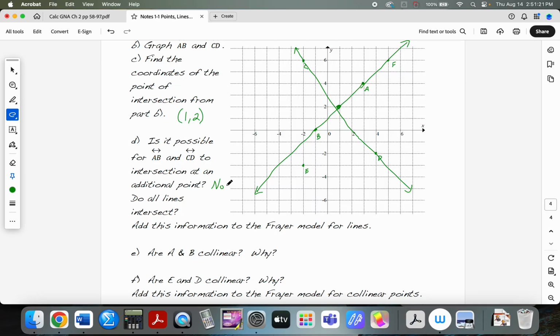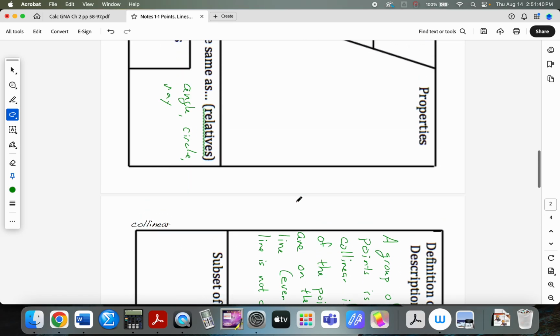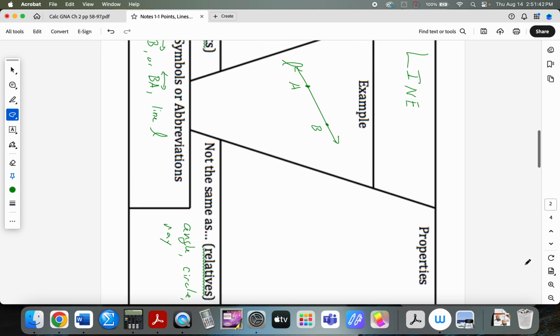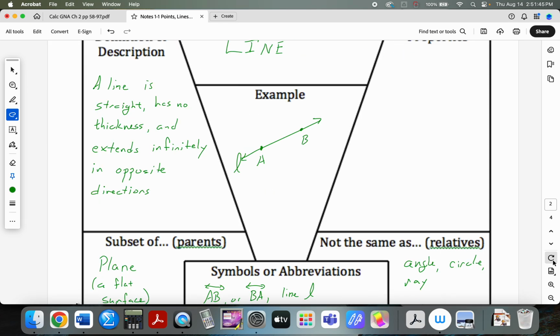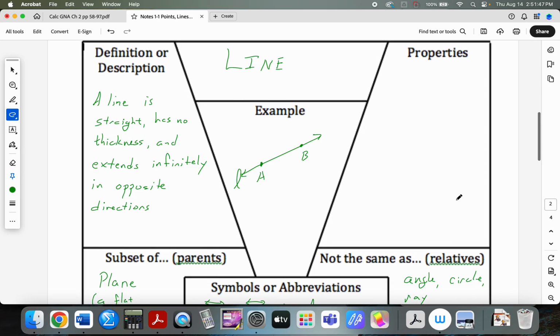Then the other question is this: do all lines intersect? No. And it says add this information to the Frayer model for lines. So we're going to go back up to this for lines. I've got to spin mine around. Now I'm going to add this over here in properties.